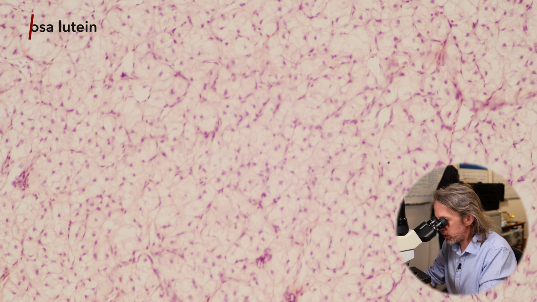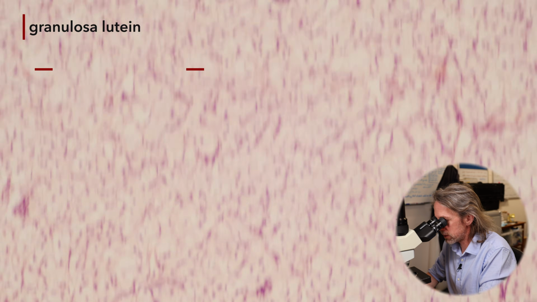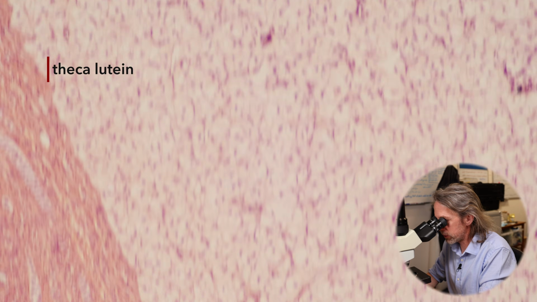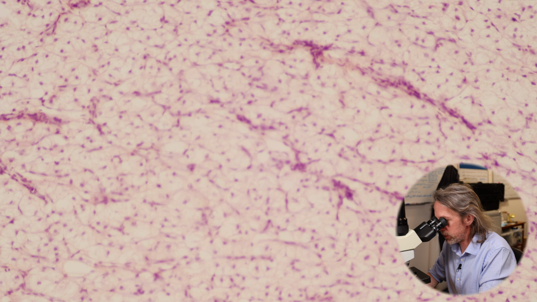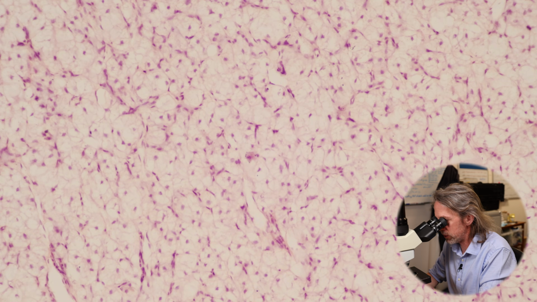So the granulosa cells have become granulosa lutein cells, and the theca cells have become thecal lutein cells. And these granulosa cells are going to produce progesterone, which is why they look like this. And the stroma and blood vessels have moved in here as well.